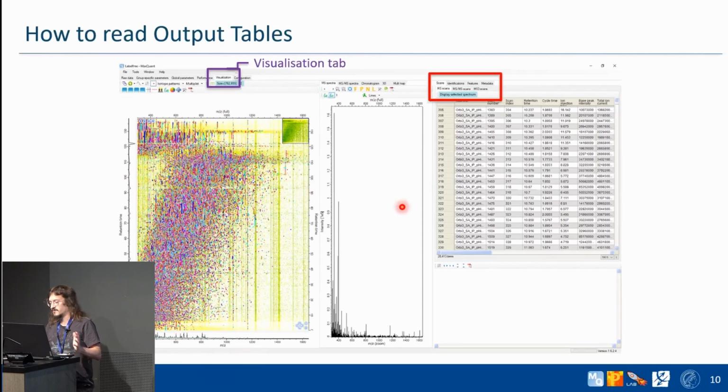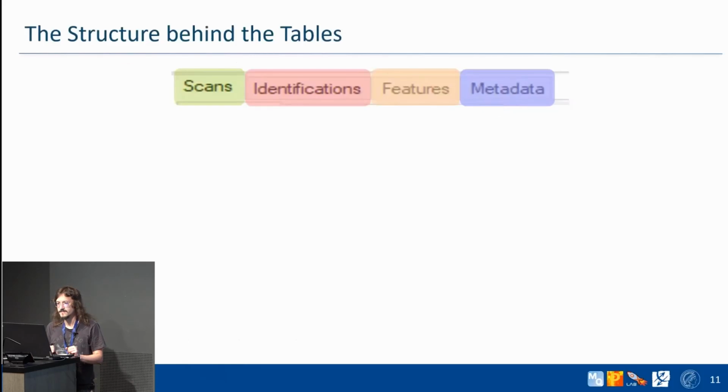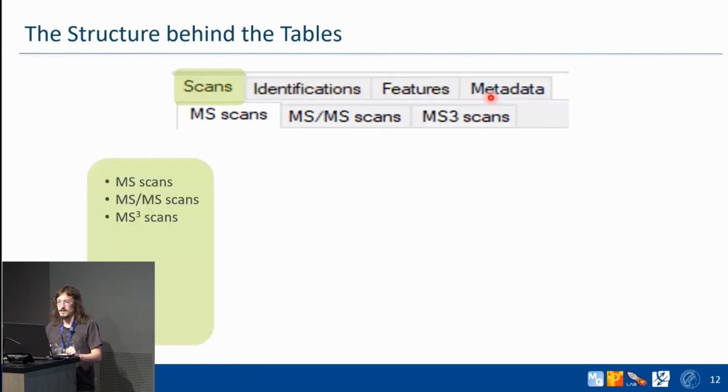But what are output tables exactly? Here we will zoom into this part, and you can see there are 4 different groups: scans, identification, features, and metadata. Scans are the output from the mass spectrometer, peaks and everything.